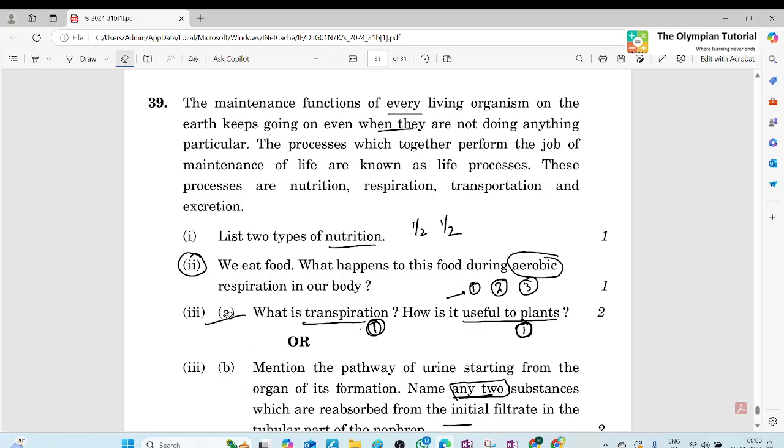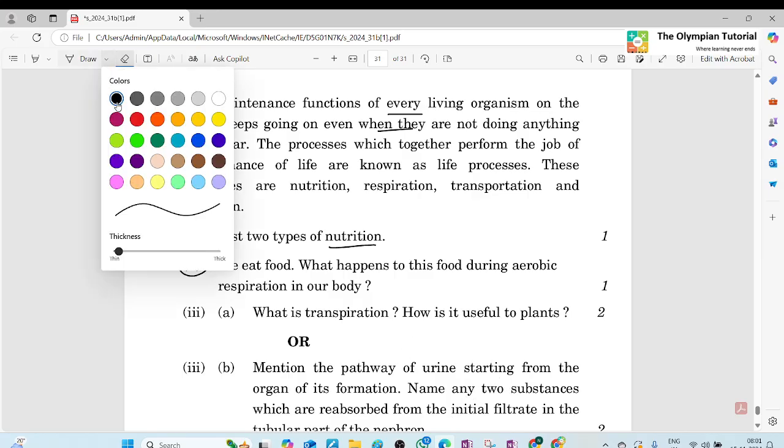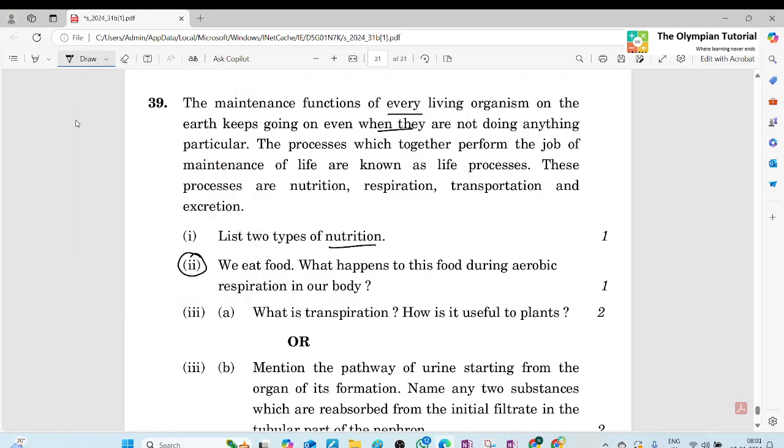Second part, during... Ma'am, I think during aerobic respiration, the food in the presence of oxygen gets converted into carbon dioxide, water, and energy.